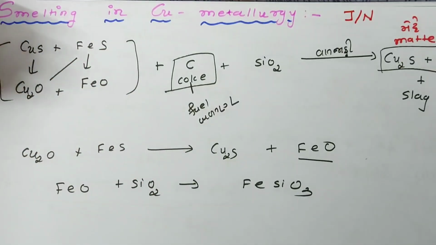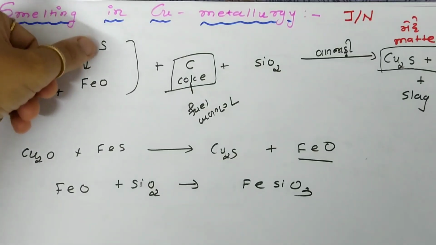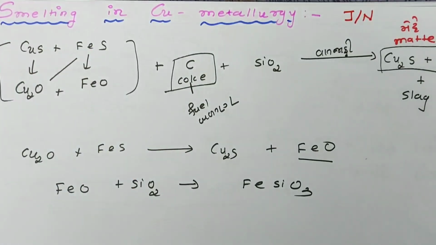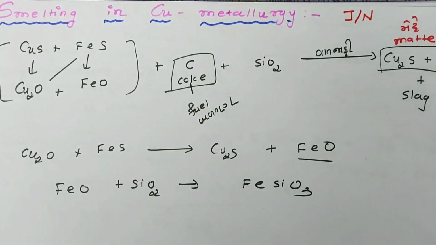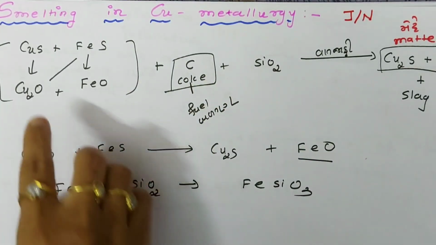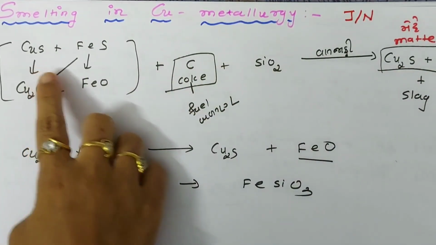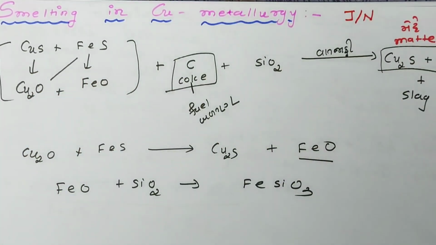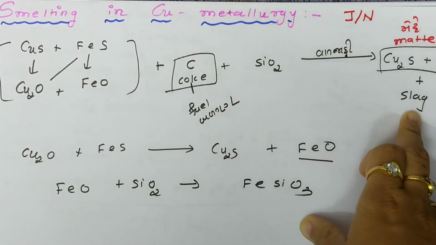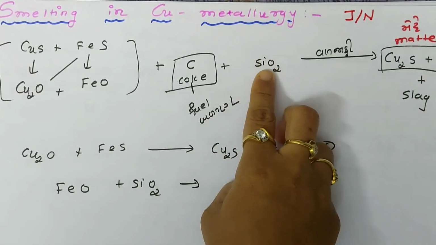Once by roasting, we can convert this to Cu2O and we can convert this to FeO. Afterwards, plus coke and a flux, there is formation of Cu2S and FeS, and this mixture is said to be a matte. And there is formation of slag due to addition of this flux.